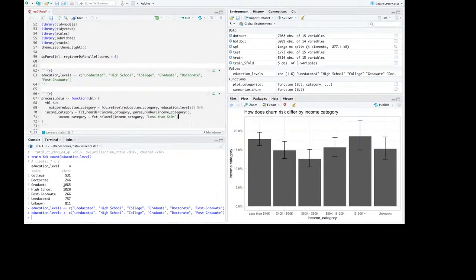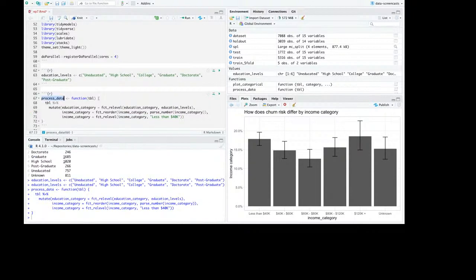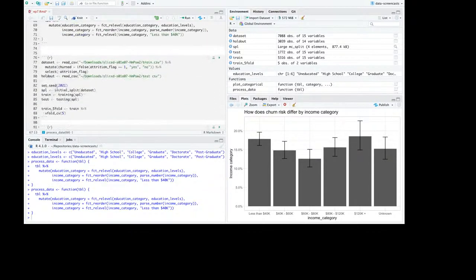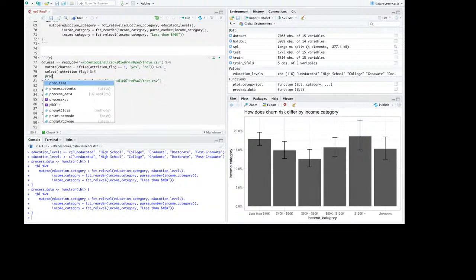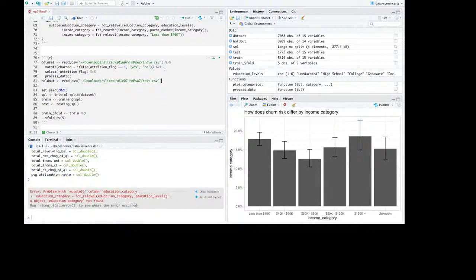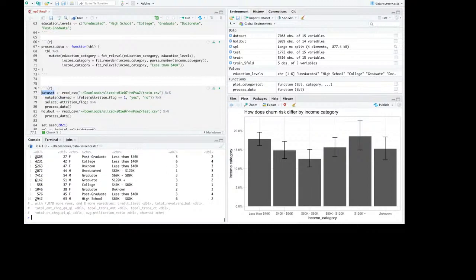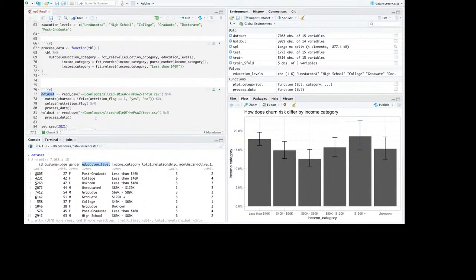Why am I doing it up here? So I can do it to both training and the test sets at the same time. Anything I do to train is not going to keep processing forward, but I need this processing to happen to everybody. I could do it in recipes, but if I do it up here, yeah. And I did something wrong. Let's see what I did wrong. Education category is actually education level.